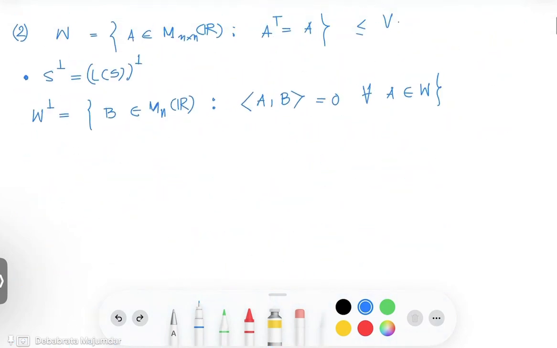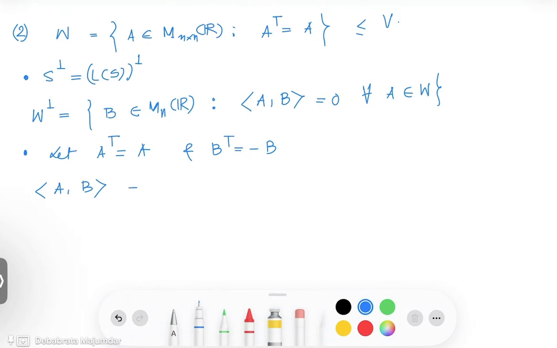So first of all, I am showing you, let A transpose equal A and B transpose equal minus B. Now I am checking what is the inner product of these two elements.